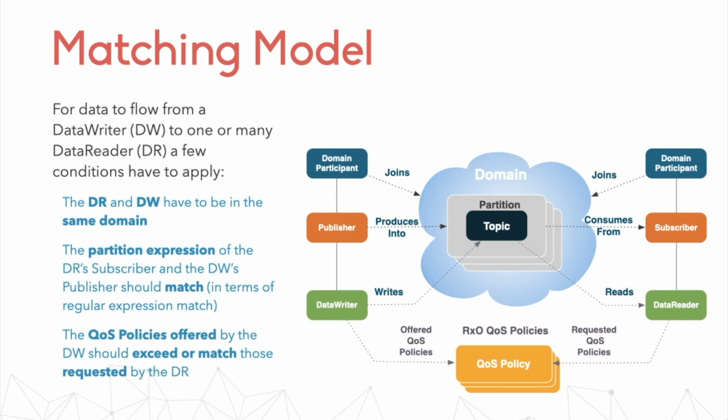It will not match a data writer that provides that topic in a best effort manner. Why? Because the QoS provided by the data writer doesn't match nor exceed the one requested by the data reader. Vice versa, a reliable writer for the robot position topic would match a reliable reader for the given topic as well as a best effort reader.